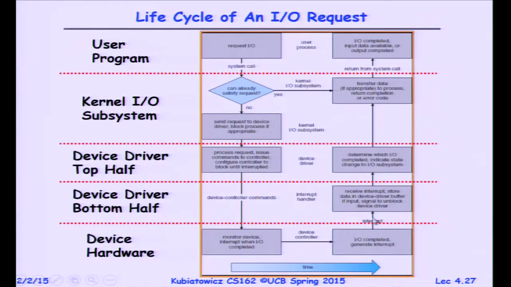Sometime later, we get an interrupt. We read it off the disk drive, put it back in memory, transfer it, wake up the process, go back to the kernel I/O subsystem, and go back out. And so this is part of what's transparent to you as well. You don't actually worry about this unless you're designing an operating system. Okay, so this is kind of interesting that this all works properly. It does.